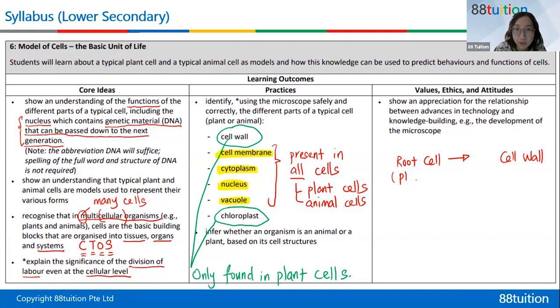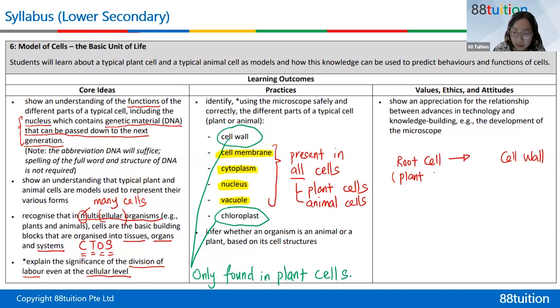I don't have a response, boys and girls. Thank you, Javier. All right, so the root cell is a plant cell. The rest, does the root cell have a cell wall? Yes or no? Thank you, Jocelyn. All right, I have 6 people joining me today. So I should have 6 responses. Thank you, Nicole. I am waiting for the other 3 students. So far, I'm seeing responses from Jocelyn, Nicole, and Javier.